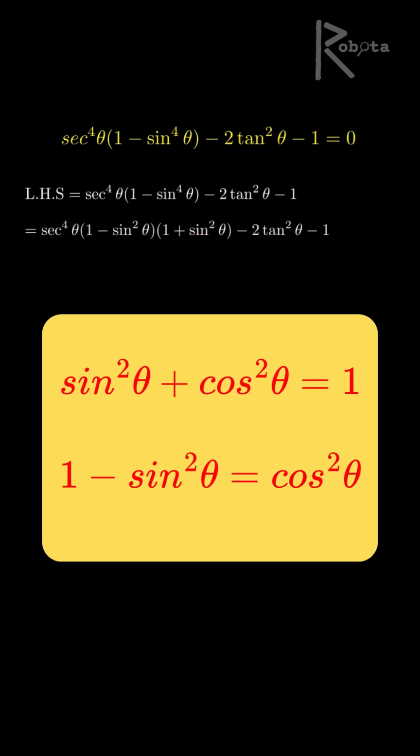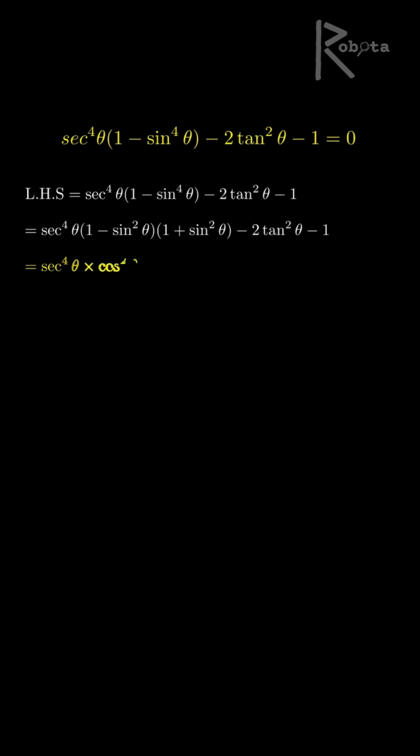Using the Pythagorean identity, we know that 1 minus sin²θ is equal to cos²θ. So we replace 1 minus sin²θ with cos²θ. Now the expression becomes sec⁴θ multiplied by cos²θ multiplied by (1 plus sin²θ) minus 2 times (tan²θ minus 1).